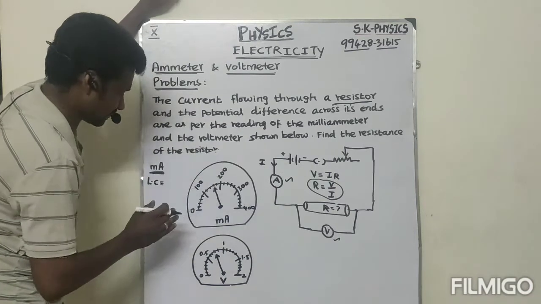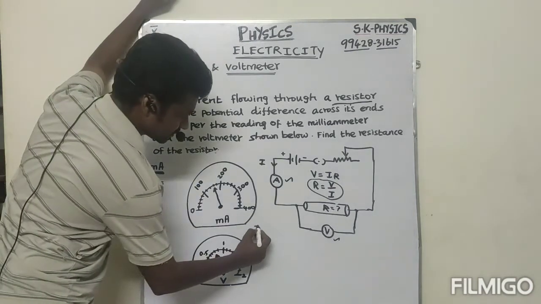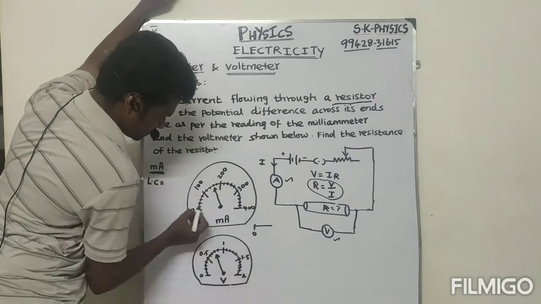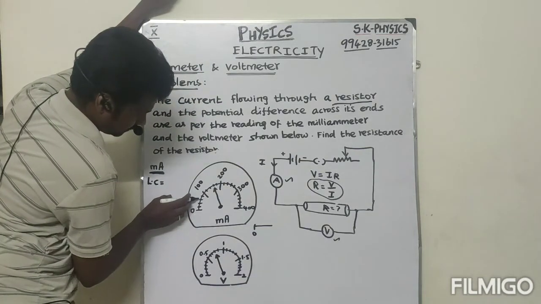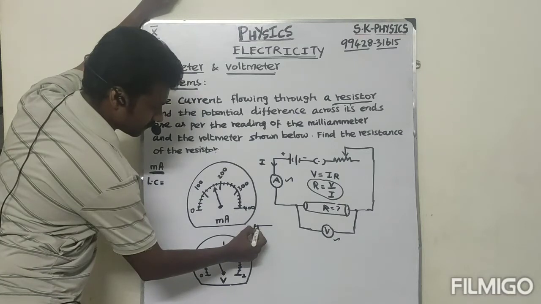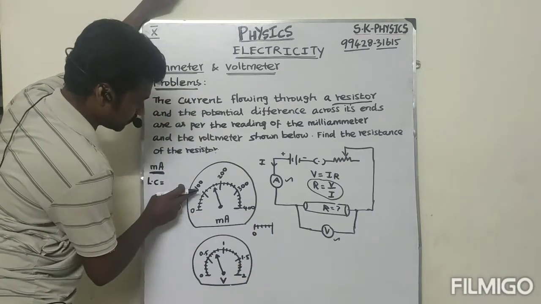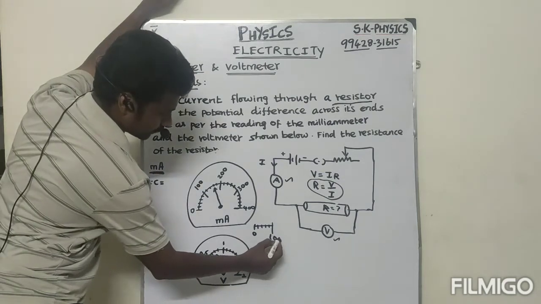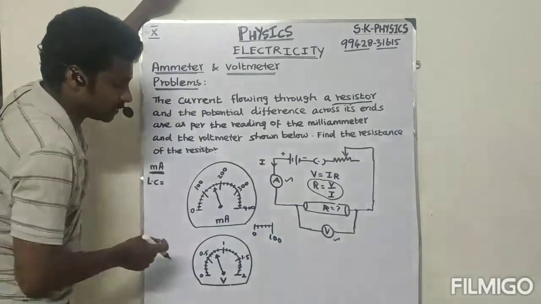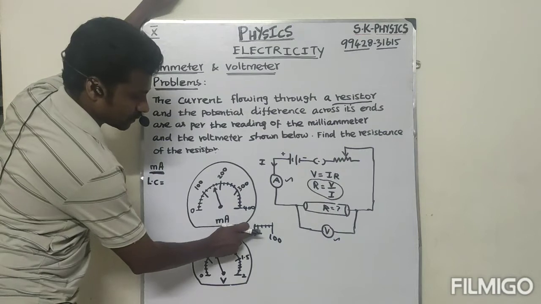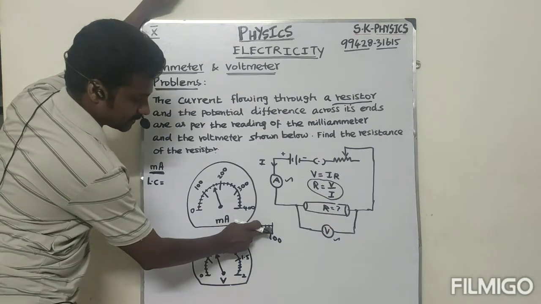Totally 5 lines. First, second, third, fourth, fifth line. The fifth line is how much? 100. So each and every line is how much? 20. 0, 20, 40, 60, 80, 100.